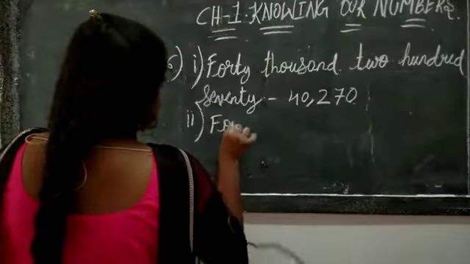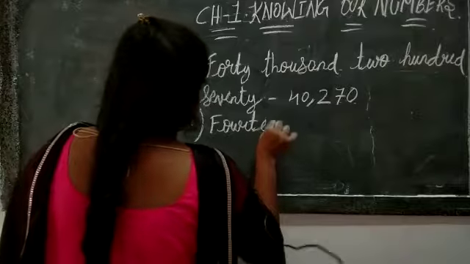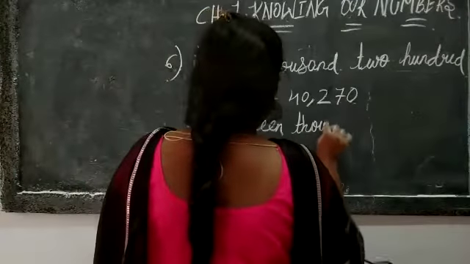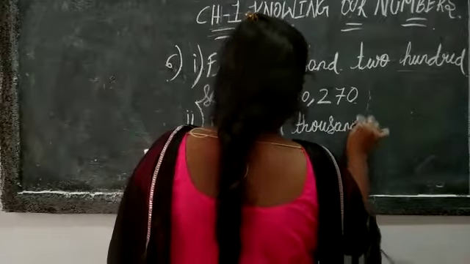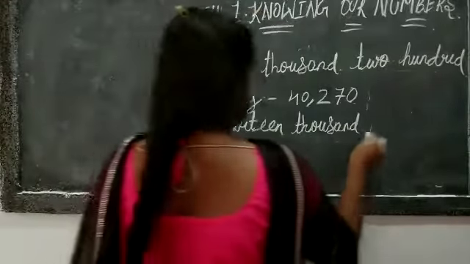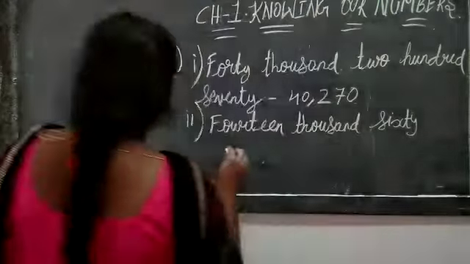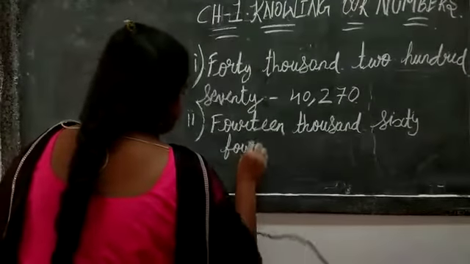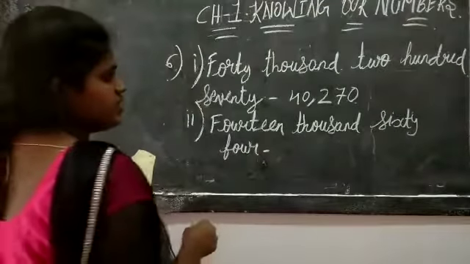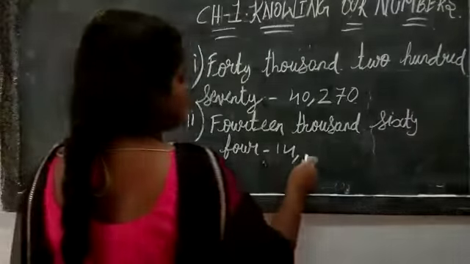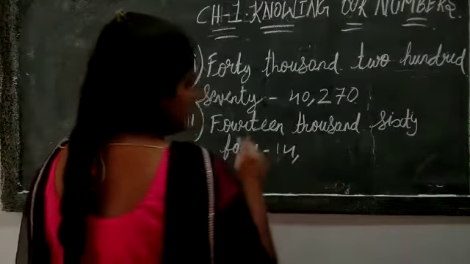14,000 and 64. 14 means 1, 4, and after the comma you need to get 3 digits, that's ones, tens and hundreds.